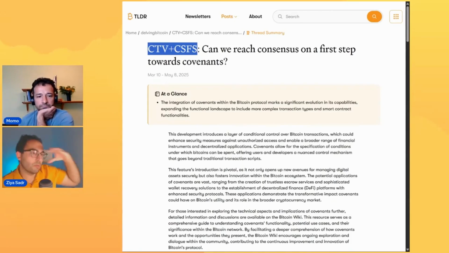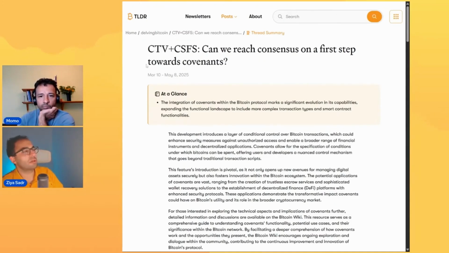CTV was not capable enough for some users. So people were opposing it, but there were a lot of people actually agreeing that CTV is good enough because it doesn't do much harm, and it's been reviewed more, and it is upgraded on testnets and signets and others, and it's possible to use it and test it and develop on it.